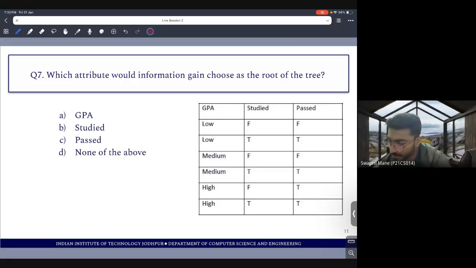Here we need to find which attribute information gain would choose as the root of the tree. We already discussed how we can choose an attribute at the first, based on the information gain, right? So we have to calculate the information gain. Dr. Pavitra has already mentioned how we can calculate information gain by using the entropy.